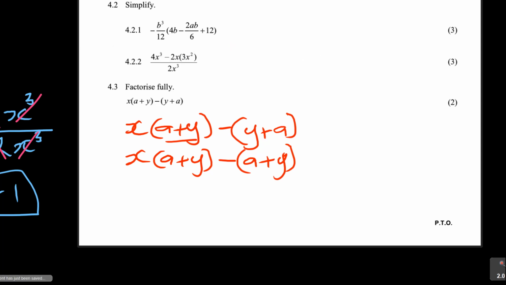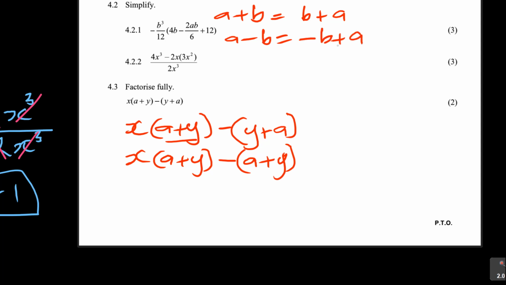In general, a plus b is the same as b plus a. So I can write it like this. A minus b is the same as minus b plus a. You see what I'm trying to say? So even here, now when the brackets are the same like this, you open the bracket as a plus y.